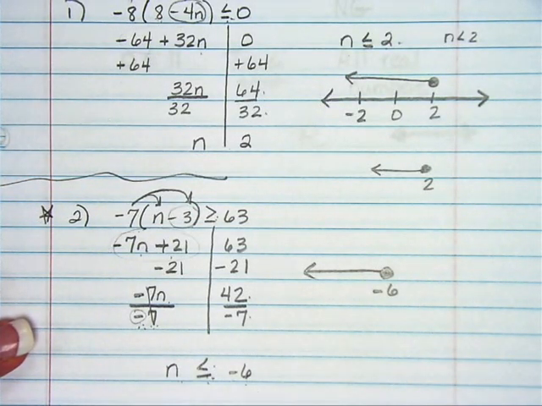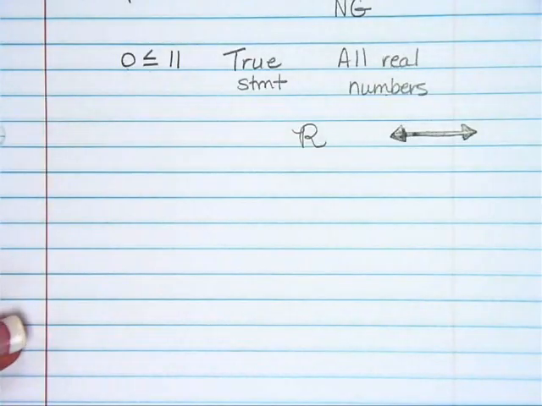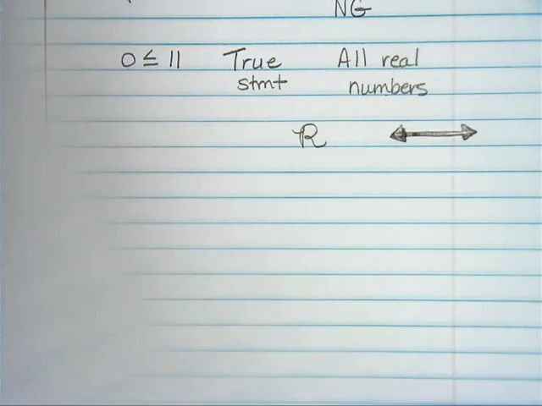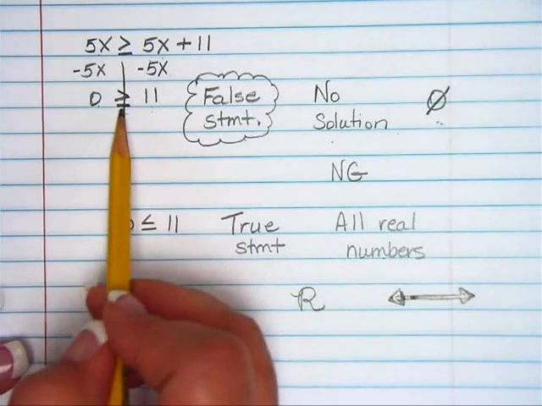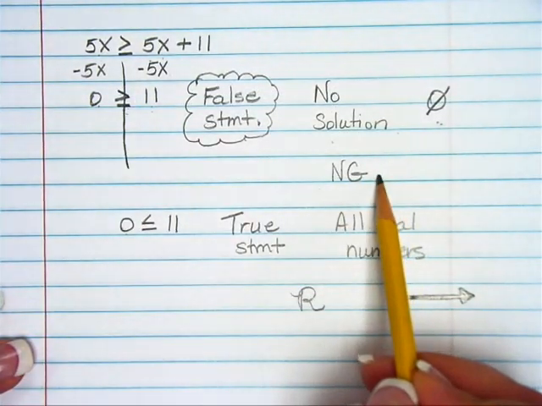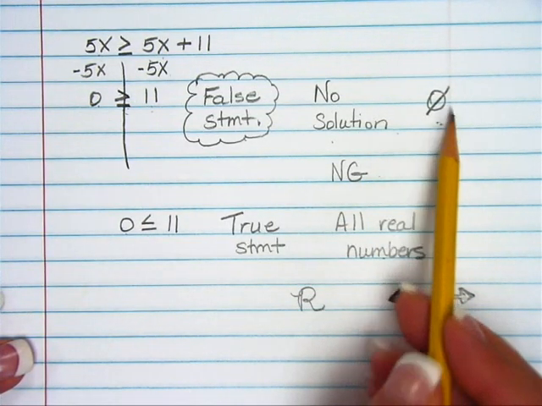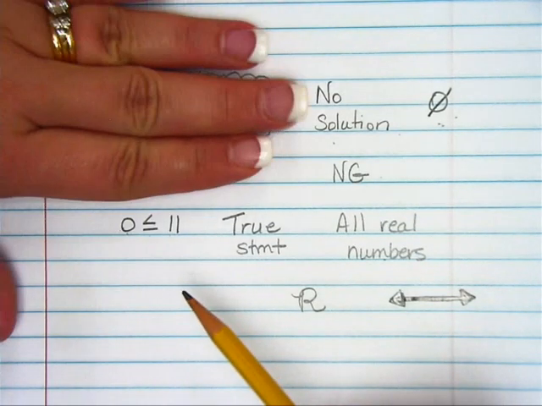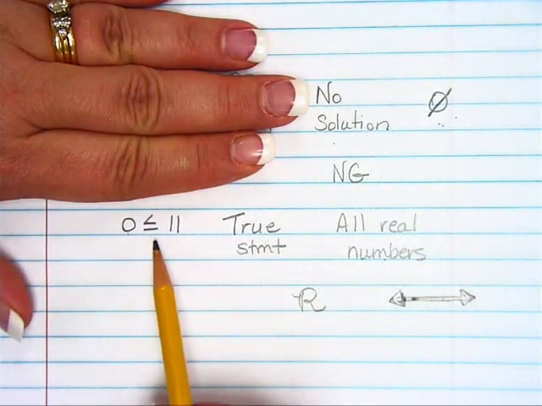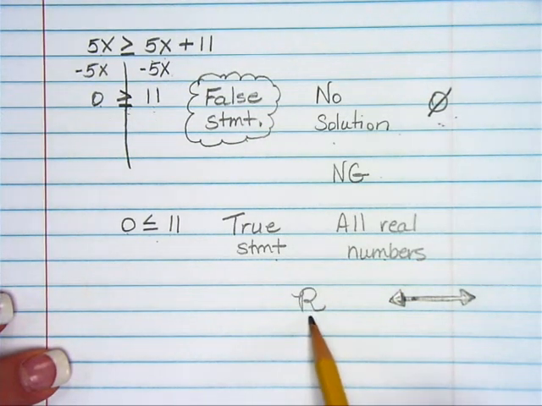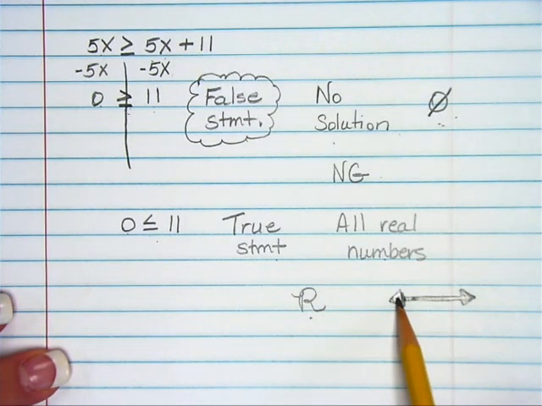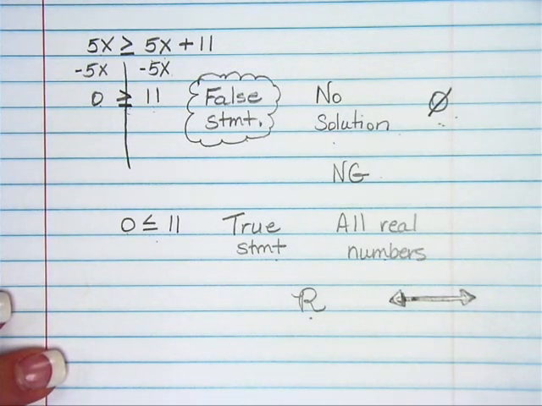So you've seen that example. And then my other two special cases were illustrated with this problem, where we had a false statement, and that gave us no graph and the empty set. And then we said, what if we worked a problem where the statement was true? When the statement is true, your answer is all real numbers, and you graph it by including all values on the number line. So we've covered all of our bases on inequalities.